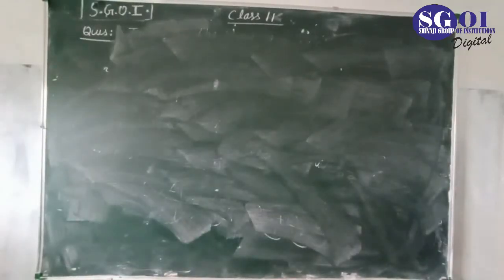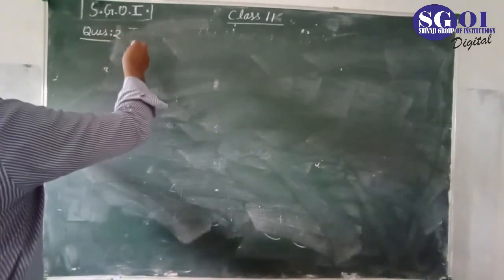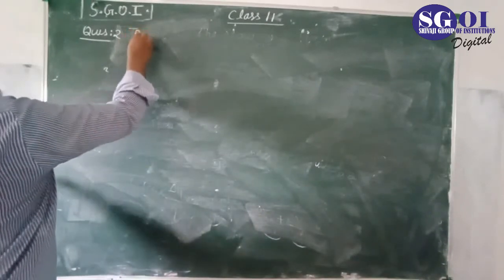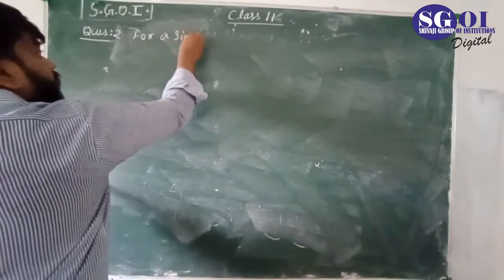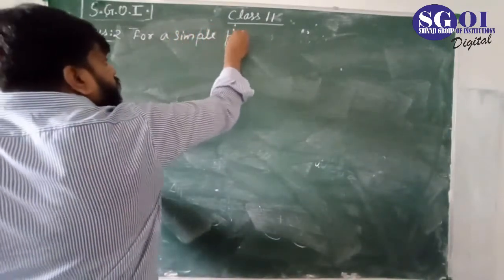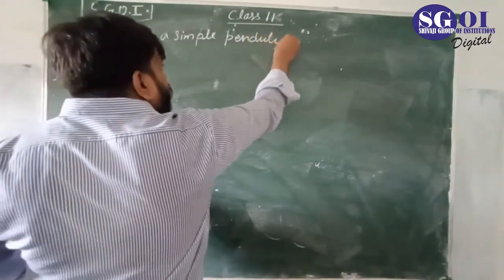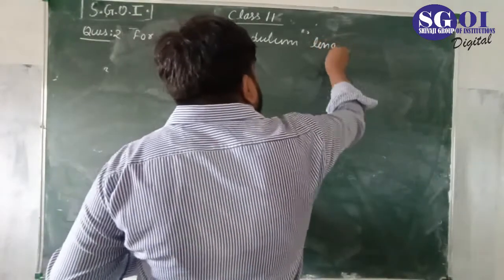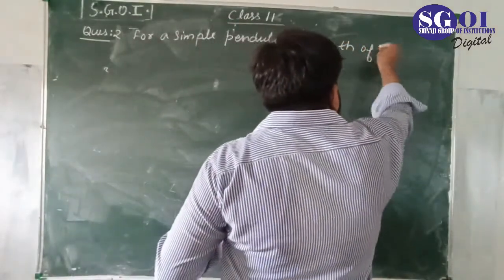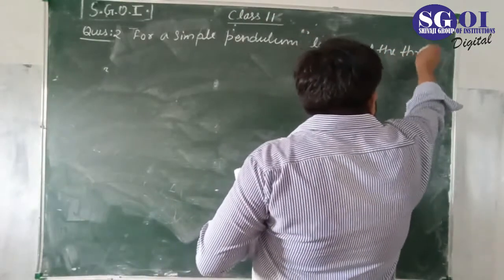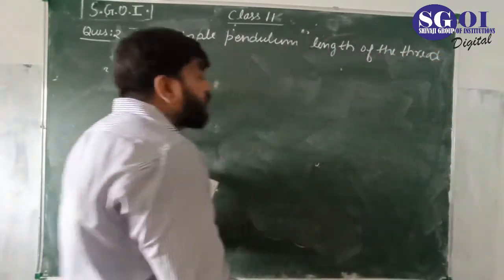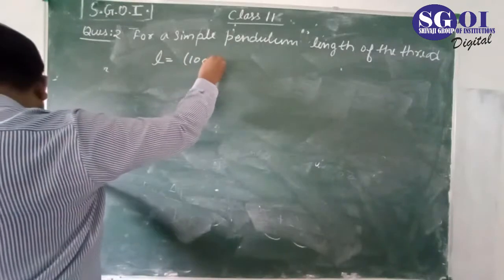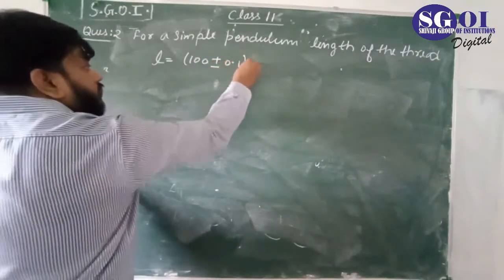Now the next problem, question number 2, is for a simple pendulum. The length of the thread L equal to 100 plus minus 0.1 centimeter is given.